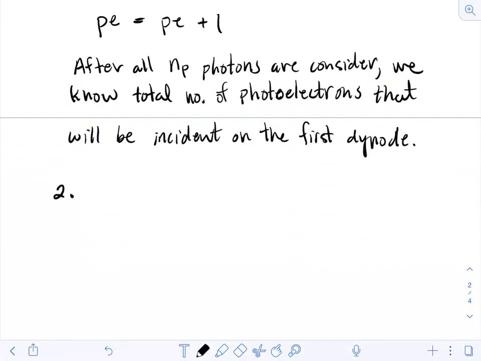Okay, so 2. Our photoelectrons hit the first dynode.